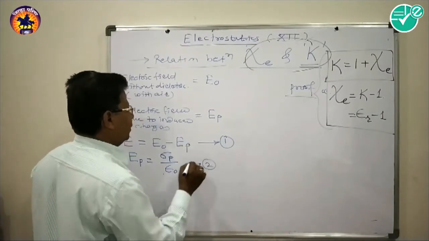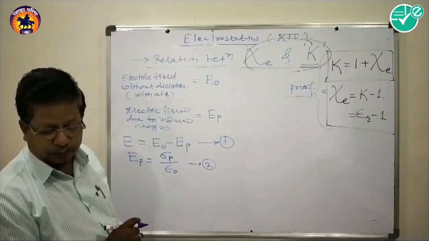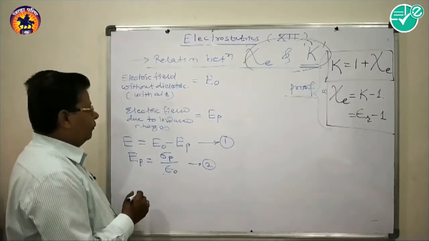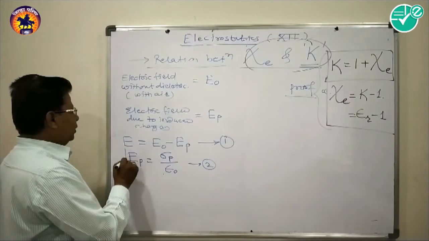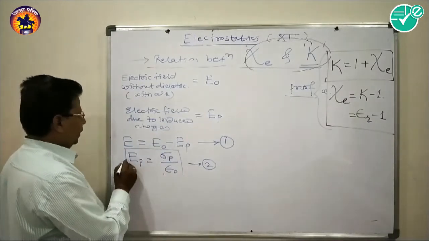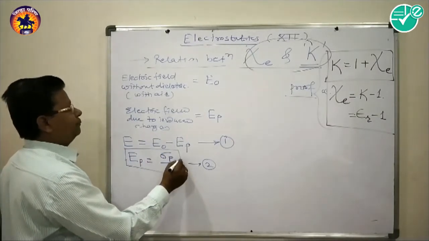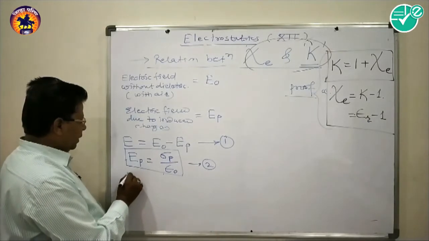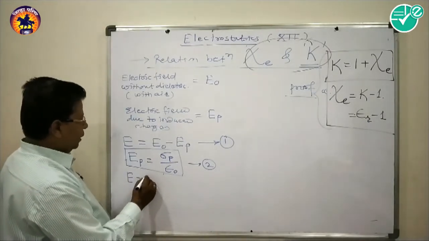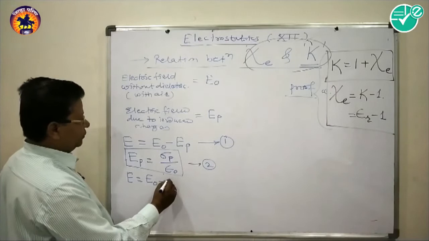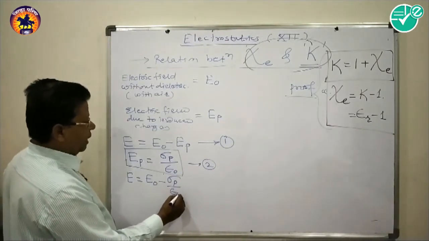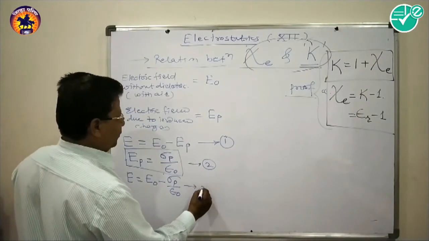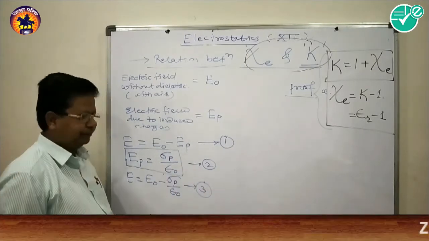Say this is equation number 2. Then substituting this value in equation number 1, we get E is equal to E0 minus sigma P divided by epsilon 0. This is equation number 3.